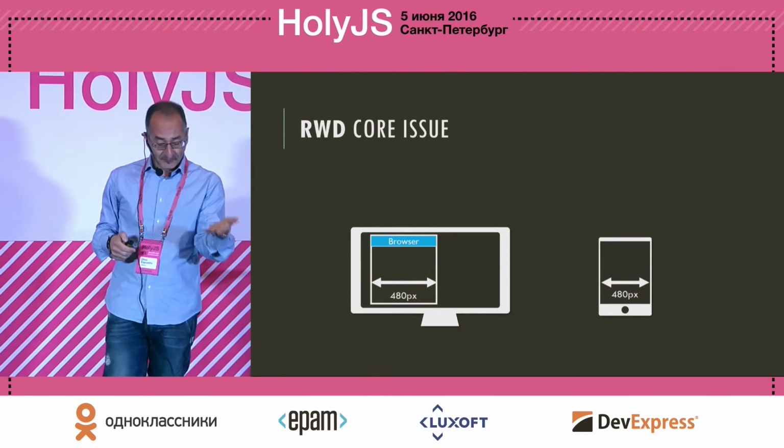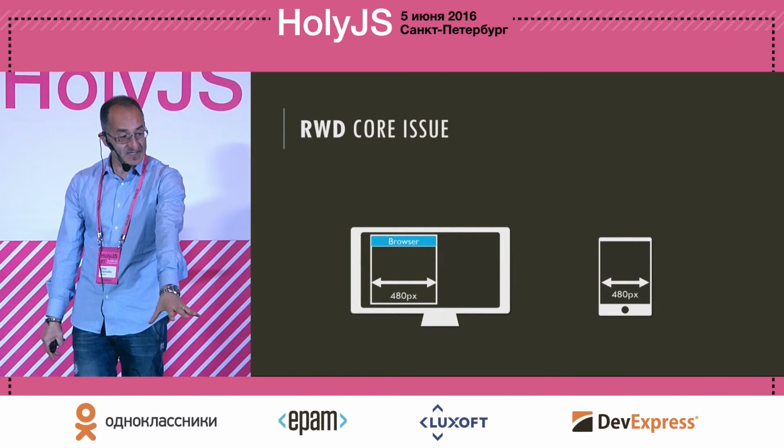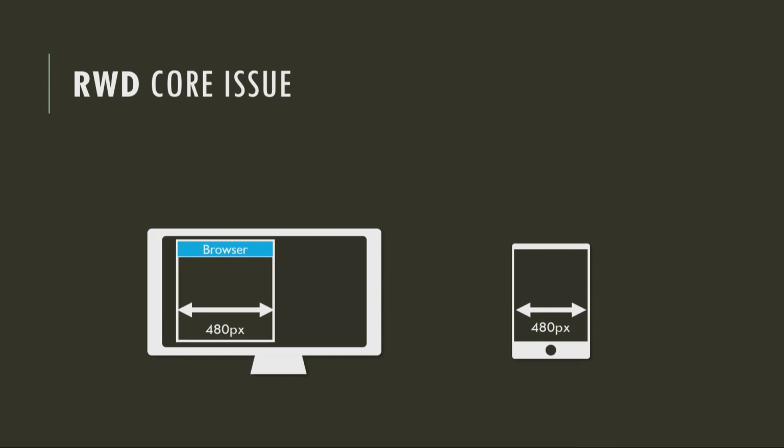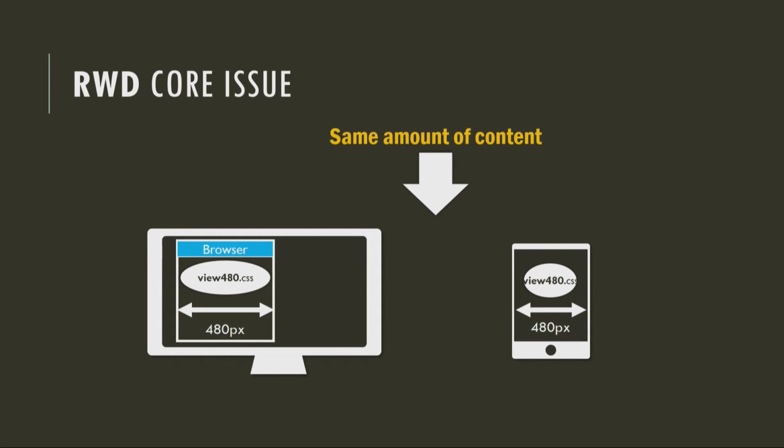So graphically, if you have two windows on a PC, a resized browser window that features 480 pixels horizontally, and a full screen smartphone, responsive web design will apply the same CSS style because it only looks at the viewport. So the same information is rendered, so it shows nicely in both cases. But the same amount of content is downloaded on both devices, and the amount of content is never tailor-made for the real size. What it displays is tailor-made for the size, but not what is downloaded.